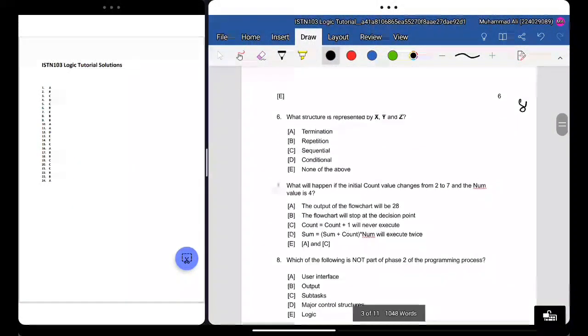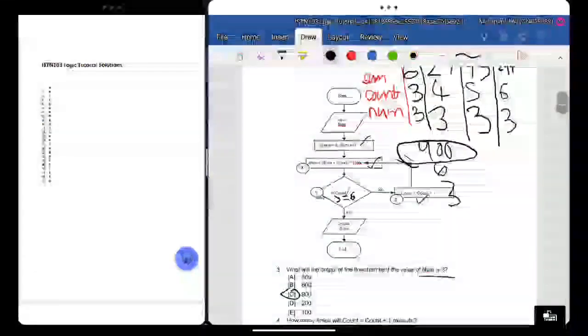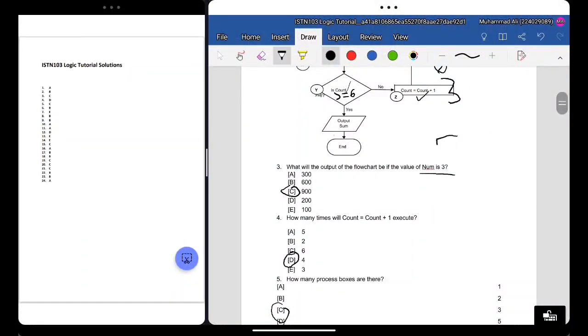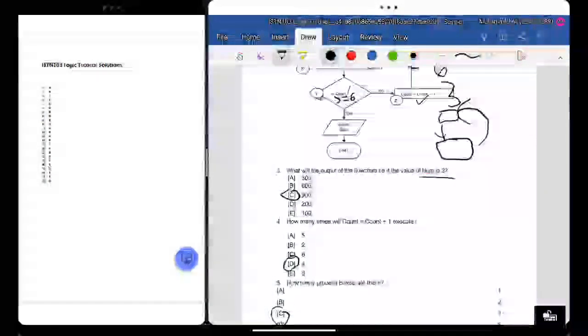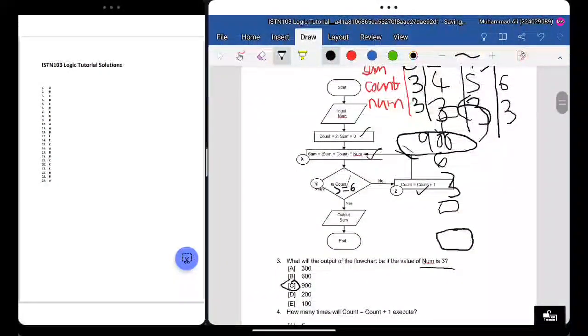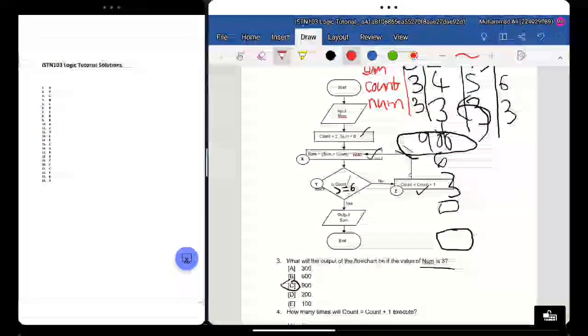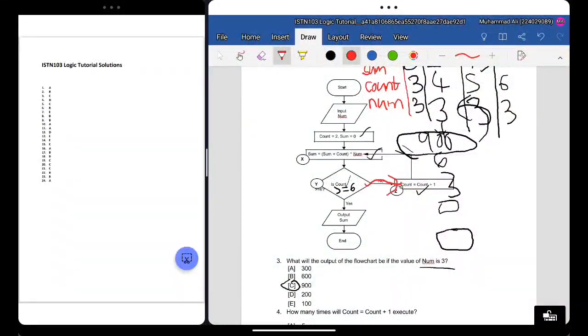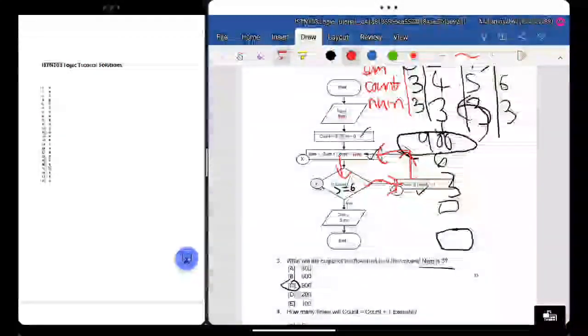What structure is represented by X, Y, Z? Now, what structure is this? This is called a loop. So you see how a loop is like a loop? But this won't be a loop, because if you see, from here it's going to another block, this block, this block. It makes like 3 arrows going in a rectangle. But a loop is like a loop, right?